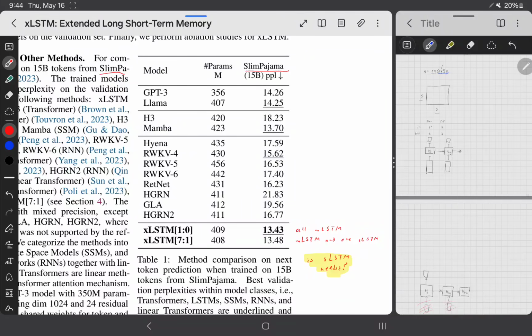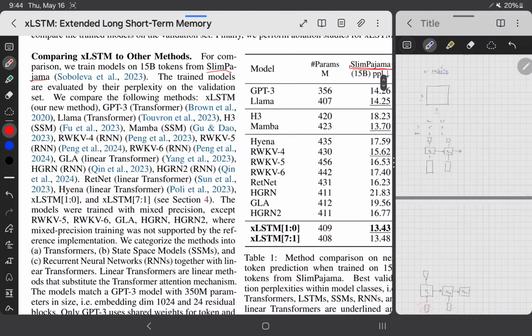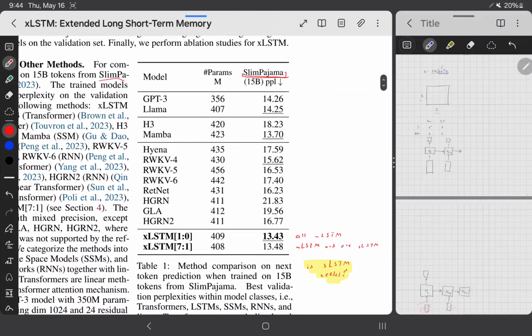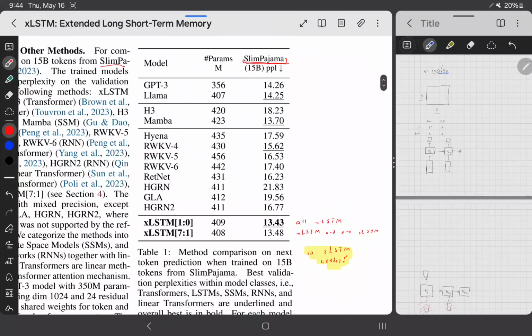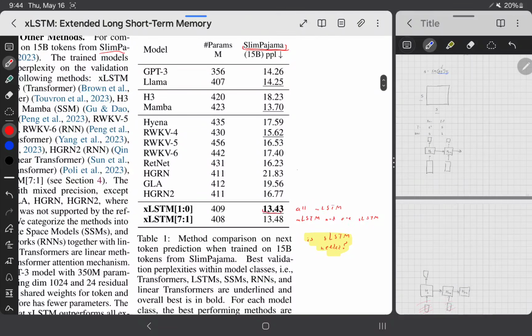And for this SlimPajama benchmark, which I haven't heard of much, it's kind of strange that they do it on SlimPajama rather than normal benchmarks, but on this task they look at, it beats Llama and GPT-3. It has more parameters than GPT-3, so that may be why, but it seems to beat it.